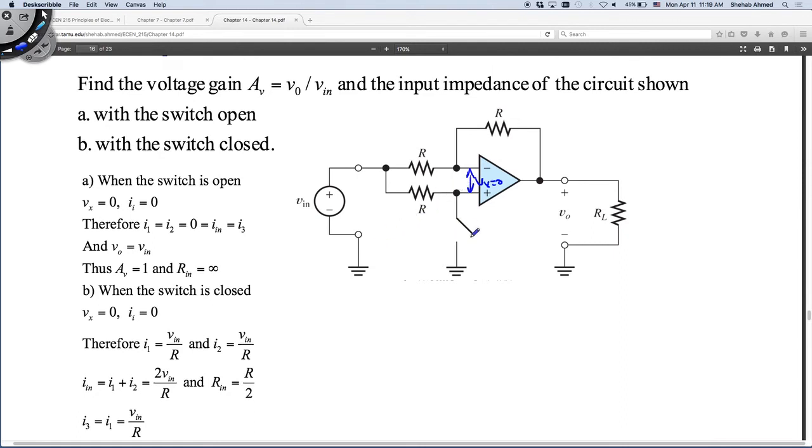This is open, right? So what can I do? And I know this current is 0, which means the current here is equal to the current here, since the current here is 0. So how about I take a loop around this loop? Right? This is one loop. How about, can I do this?